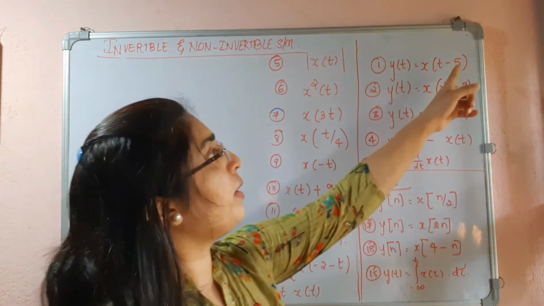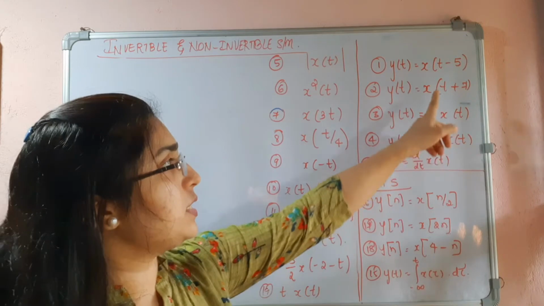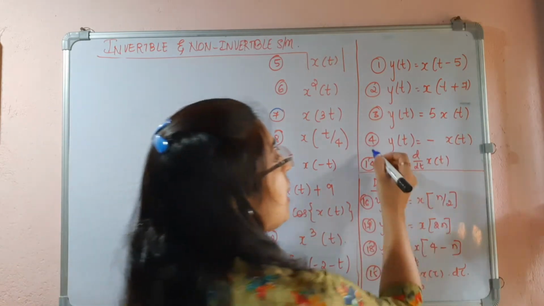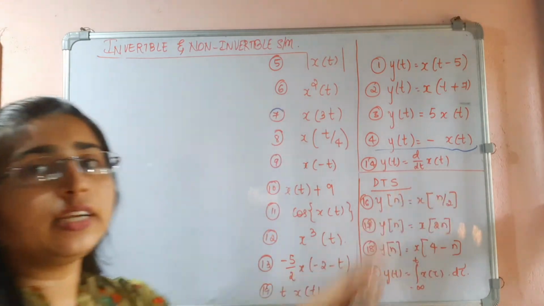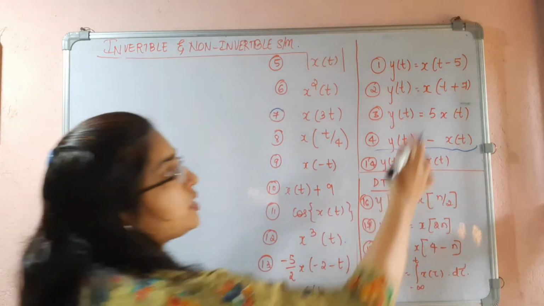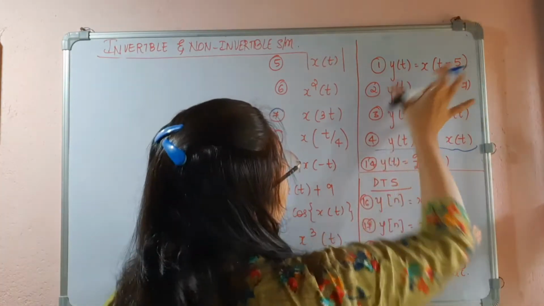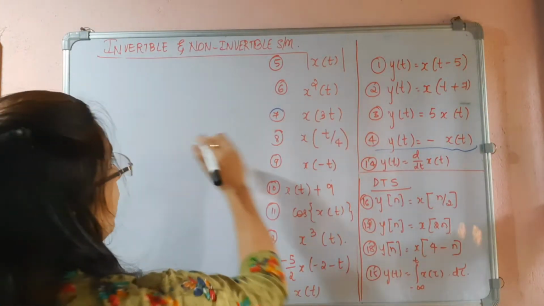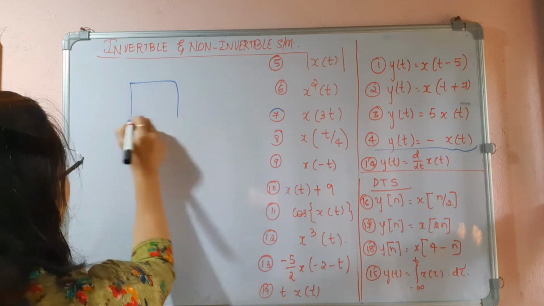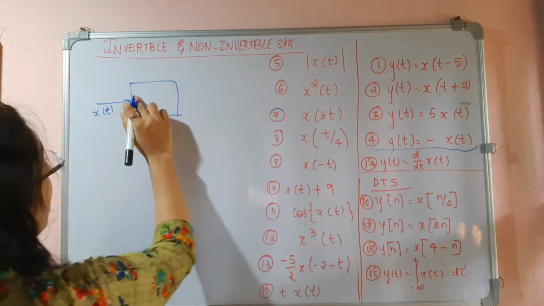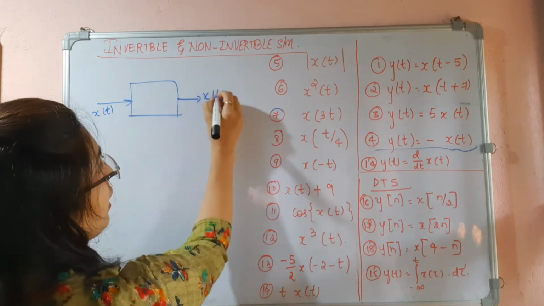Let us take some examples now. Say x of t minus 5, x of t plus 7, 5x of t minus x of t. These are linear time invariant systems, because they are linear and also time invariant. So y of t is equal to x of t minus 5. Now I am giving the signal x of t as the input, and the output will be x of t minus 5.